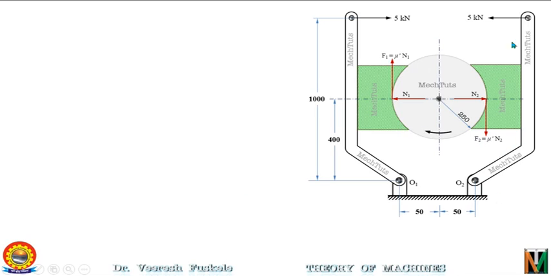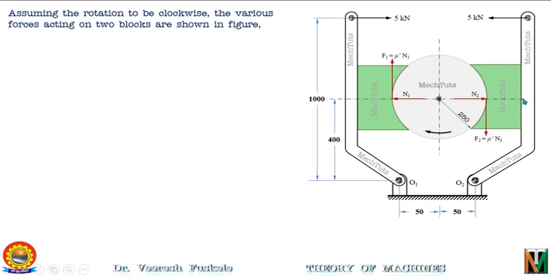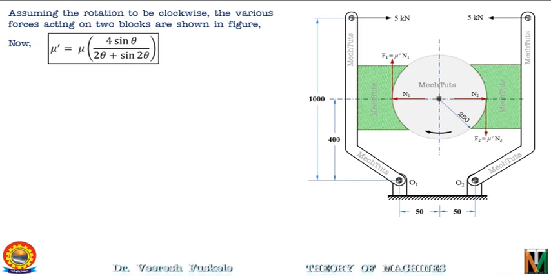Now as the angle 2 theta is more than 60 degrees, we have to calculate the equivalent friction coefficient. So let's do that. We have assumed that the rotation is clockwise and we have shown the various forces, and now we know that mu dash is equal to mu into 4 sine theta divided by 2 theta plus sine 2 theta.